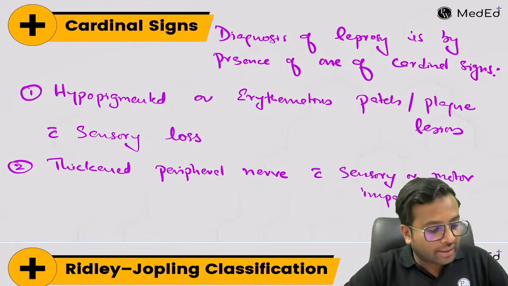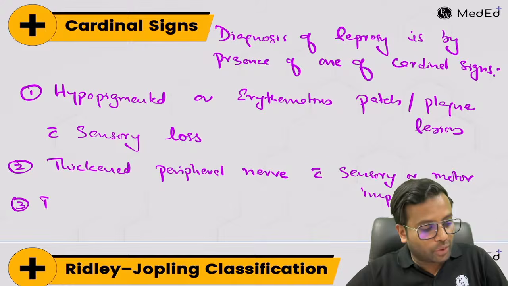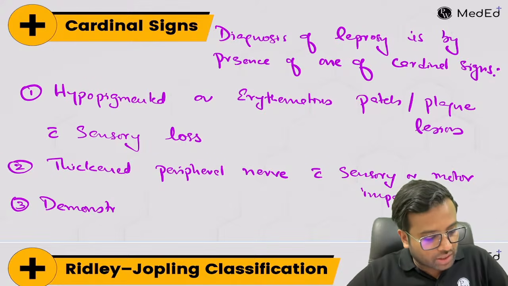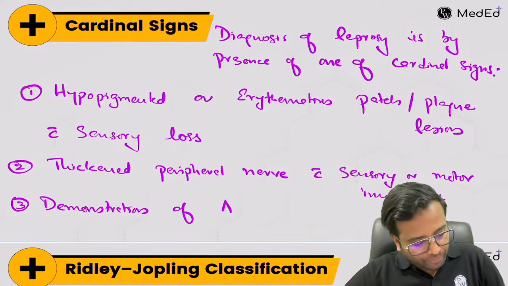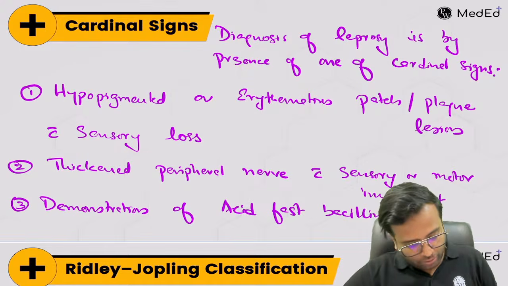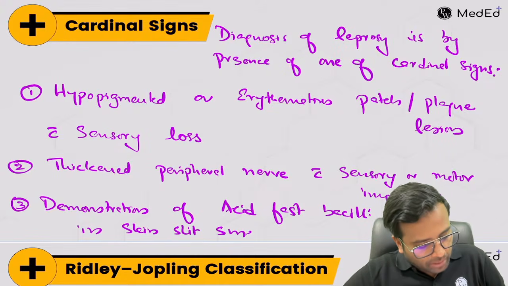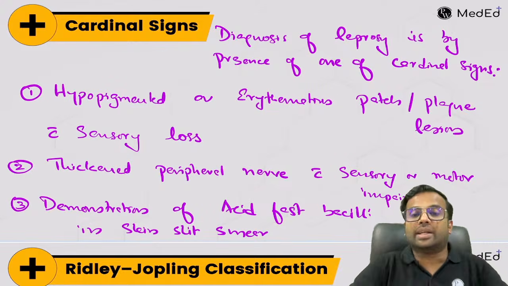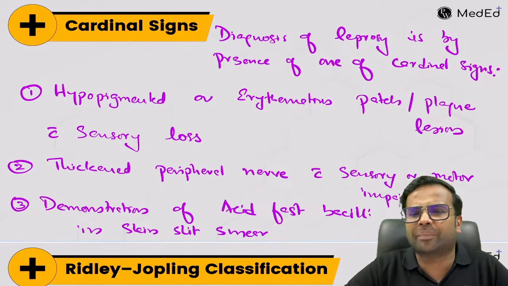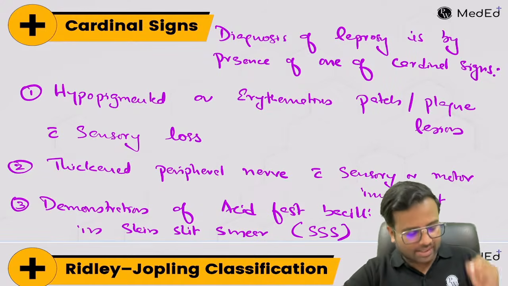Very good. And the third point is about one of the investigations, where you can demonstrate acid fast bacilli in a skin slit smear, or a slit skin smear, isn't it, which is called SSS.